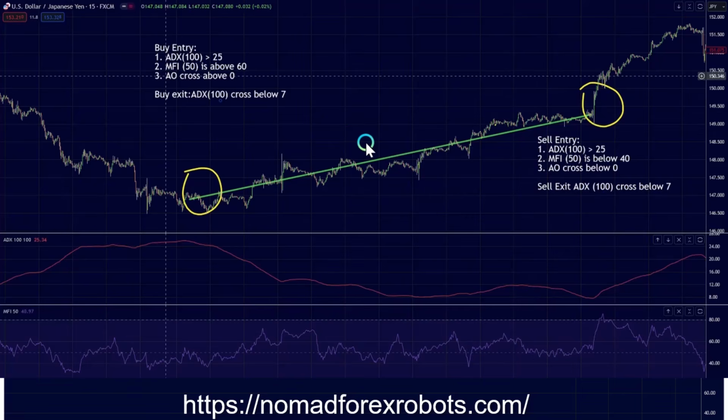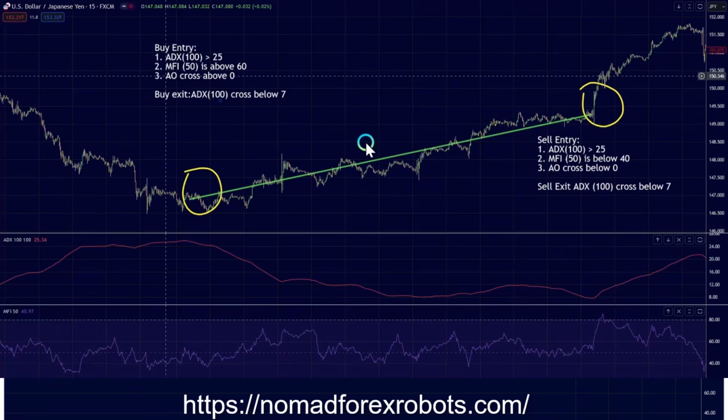Let's start. The buy entry rules are the following. We have an ADX that is 100 period, and it is very important, because with just 14 period it doesn't work the same, because we need smoother ADX curves. When the 100 period ADX is above 25, it is our first condition.